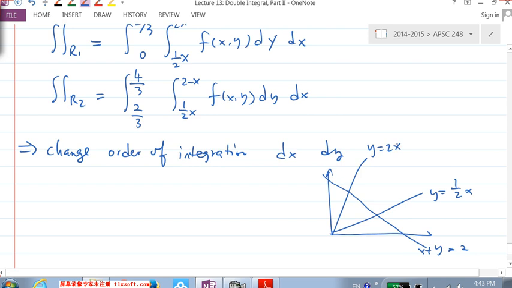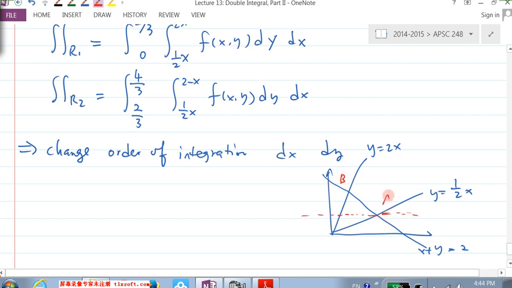First of all, you can't integrate in one step. You actually have to do this piecewise integration. In this particular case, you will have to separate at this location. So separate the region R like this.